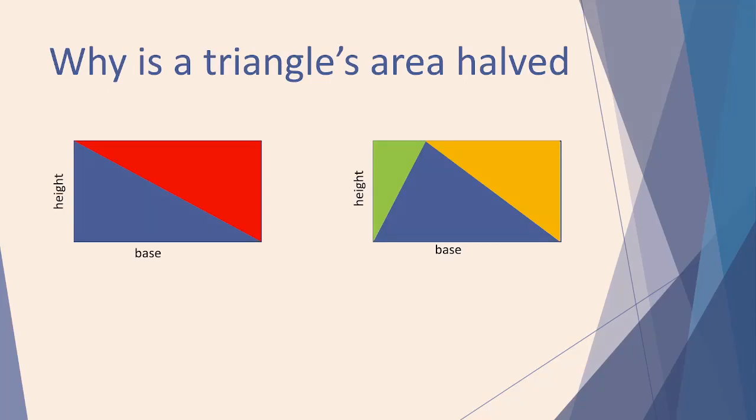So if I get those 2 triangles and I bring them down, I have them down here. And now I'll rearrange them a little bit so that they are back to back. And we can see that that yellow-green triangle is the same as the blue triangle. So that's showing that it is half the area of the whole rectangle.